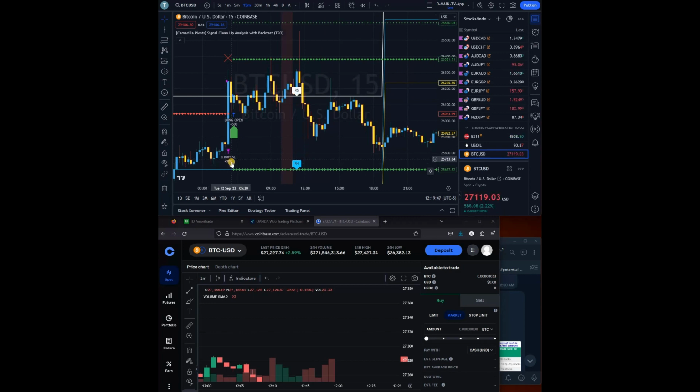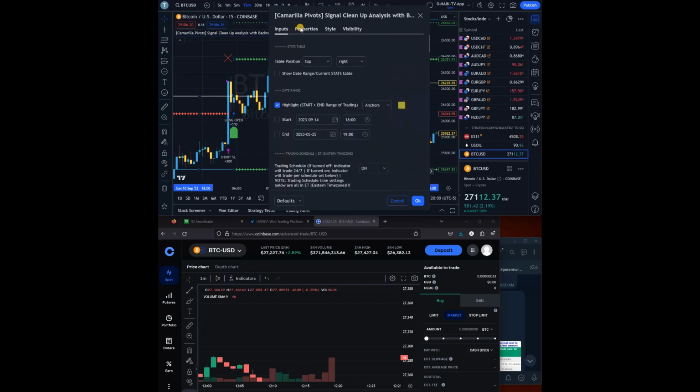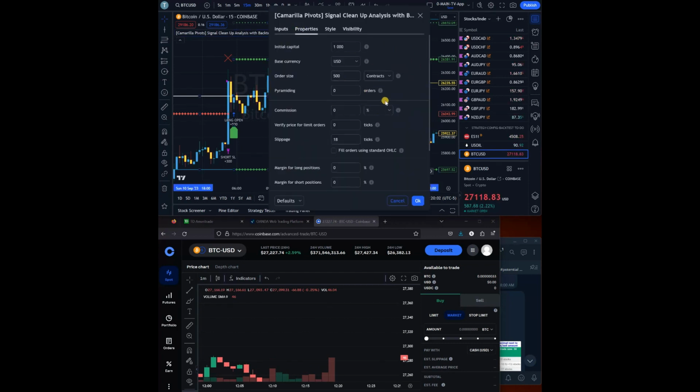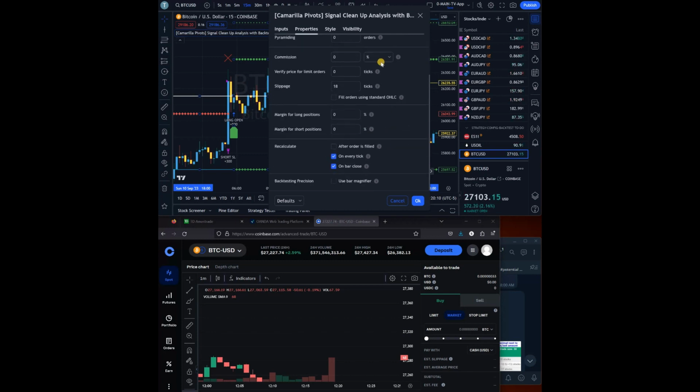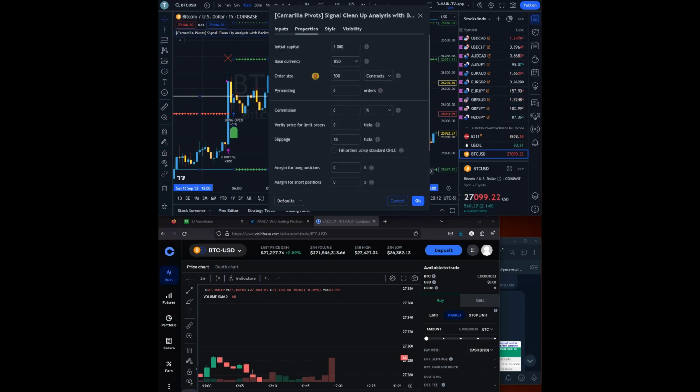I see this is a remaining of the trade, so it took 2 profits already because our order size is 500. For Bitcoin, this is too much, and unless you have a lot of money, you're gonna have to margin trade it. So you can either use this, depending on what kind of margin you have, and so on.